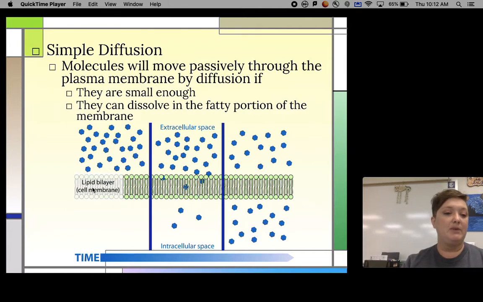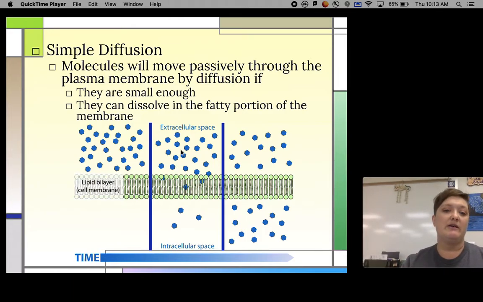That lipid bilayer, here's one layer of lipids, here's the other layer of lipids with their tail-to-tail kind of thing. So if stuff's going to get through here, it has to meet two requirements. One, it has to be very small to be able to fit between these molecules. So something big like glucose, C6H12O6, it's way too big to fit through this tiny little opening. So it can't do this.